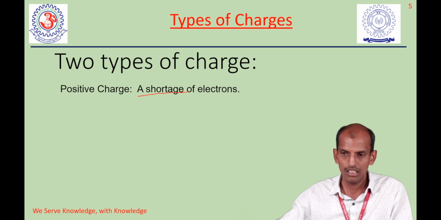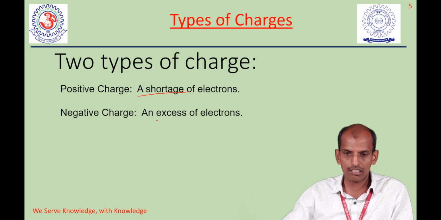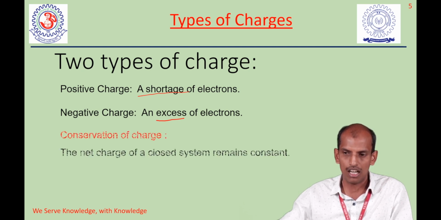Then if I talk about the negative charge, it is an excess of electrons. Excess means it has more electrons in comparison to the protons. In that case, the body is said to be negatively charged.